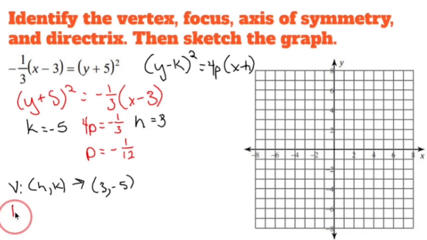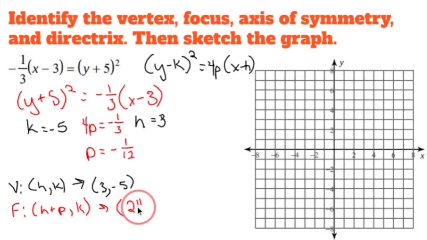We find our focus, in this case, by doing (h plus p, k). So h is 3 plus negative 1/12, which is going to be 2 and 11/12. My k doesn't change. k is negative 5.